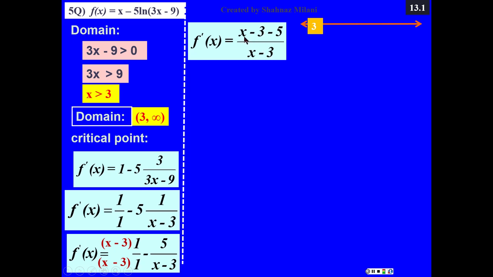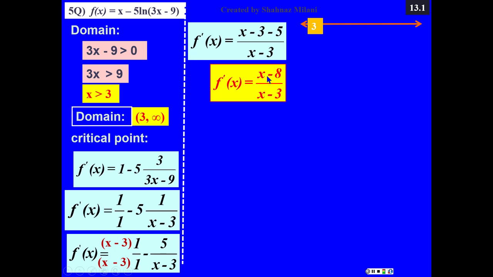If you have more than one term in the top or the denominator, you cannot reduce. Then, minus 3 minus 5 combined becomes minus 8. This is the simplified derivative. Now, it is much easier to work with this one from now on.